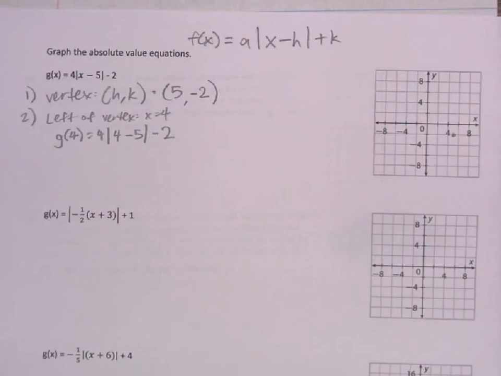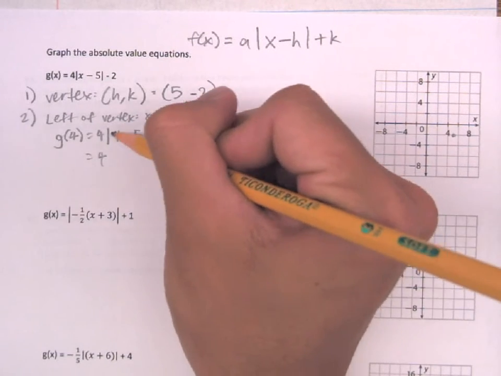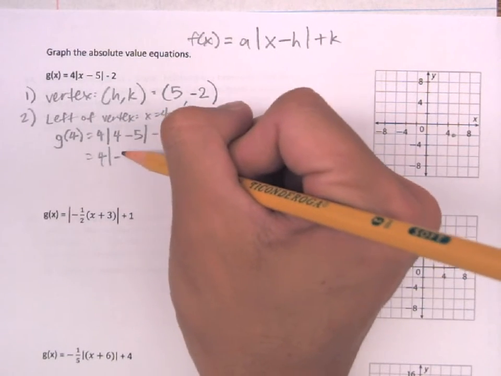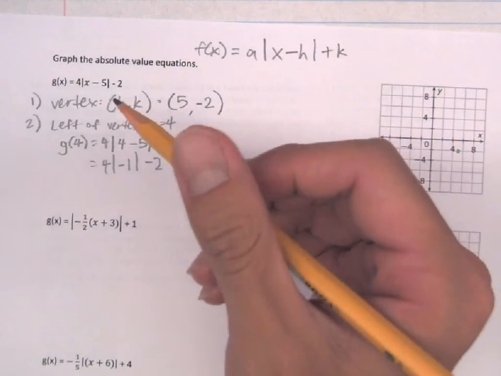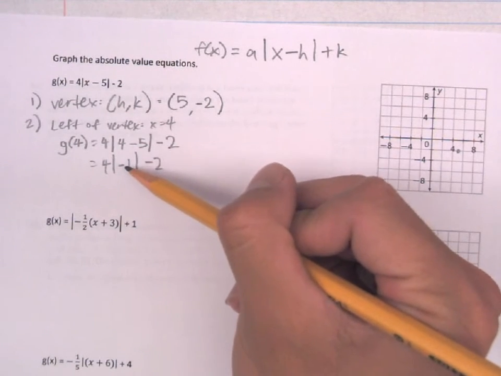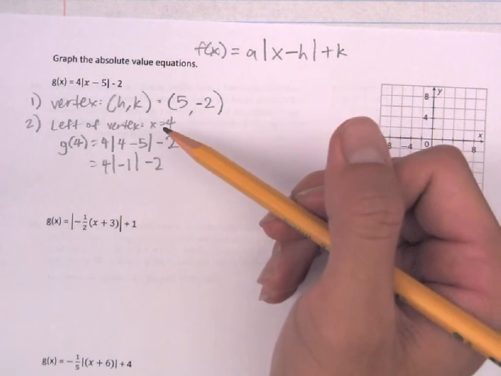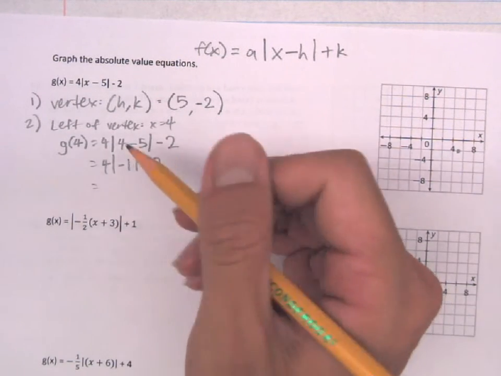If I simplify this, 4 minus 5 is going to be a negative 1. This inside the absolute value is going to become a positive number, because negatives inside the absolute value become positive.